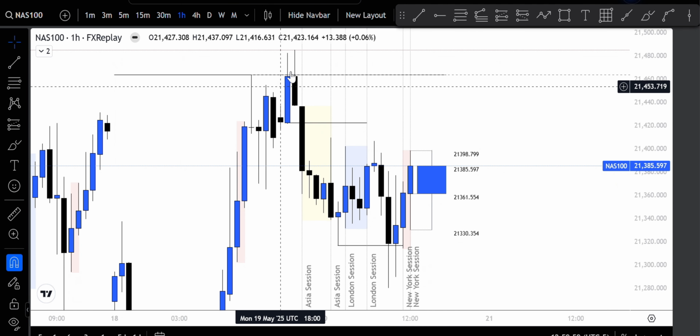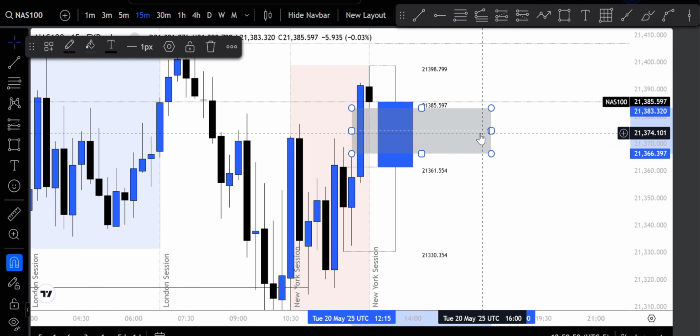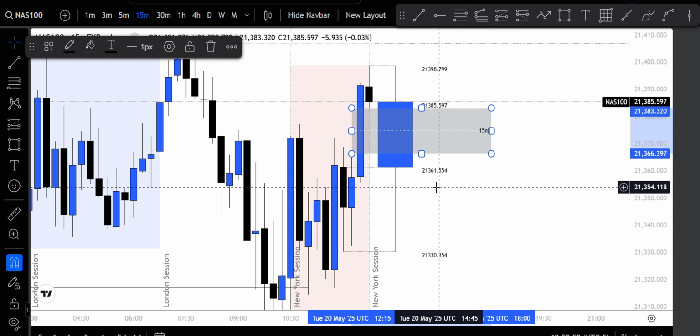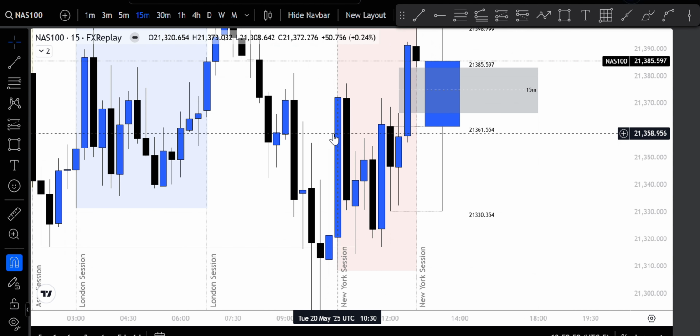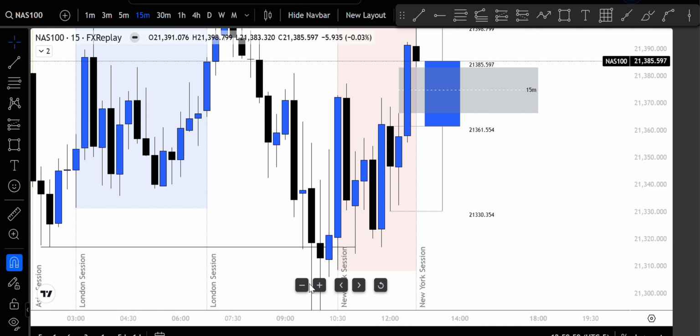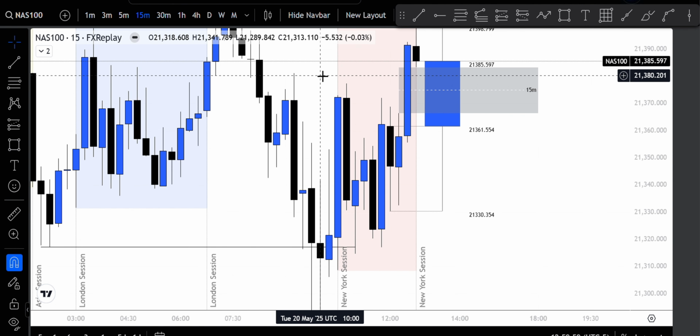Now let's see even more. So yeah, you can see in the 30-minute, we have a market structure shift confirmation. However, in here, as you guys can see, we have this 15-minute fair value gap created by New York. Now, why is this fair value gap not the same as one created right here? Because you can see it's kind of accumulative. But if you go check underneath right here, you can see 9:30, 9:45, 10 a.m., right?